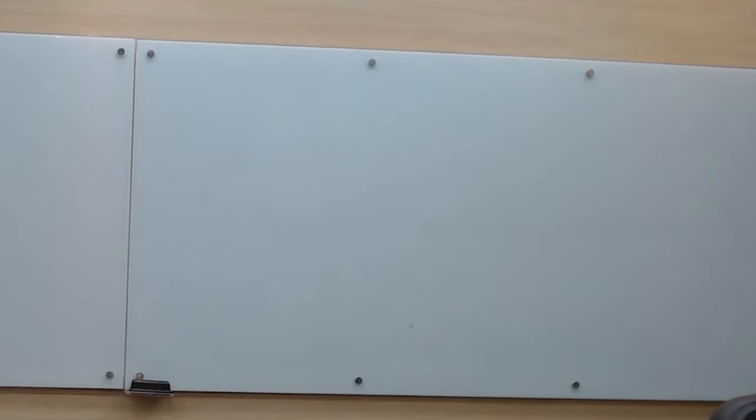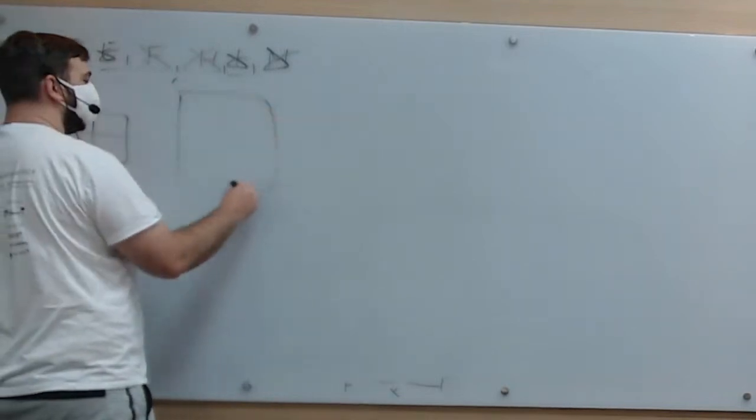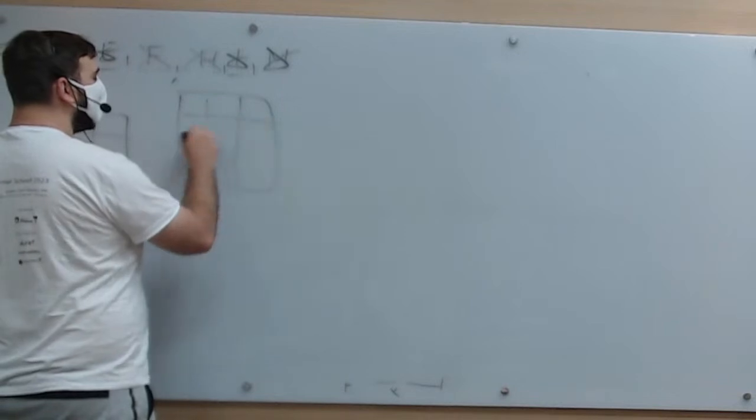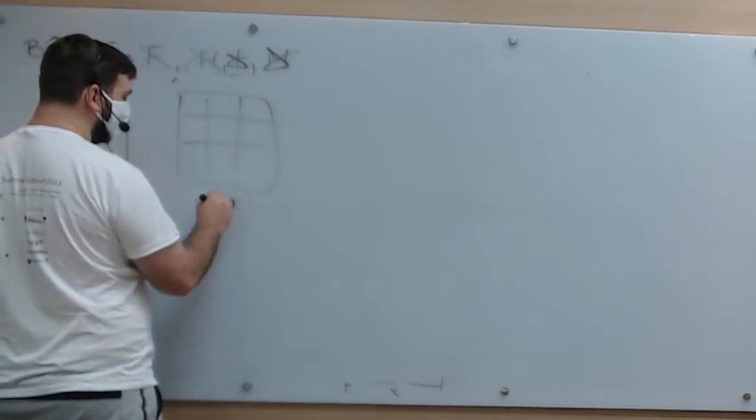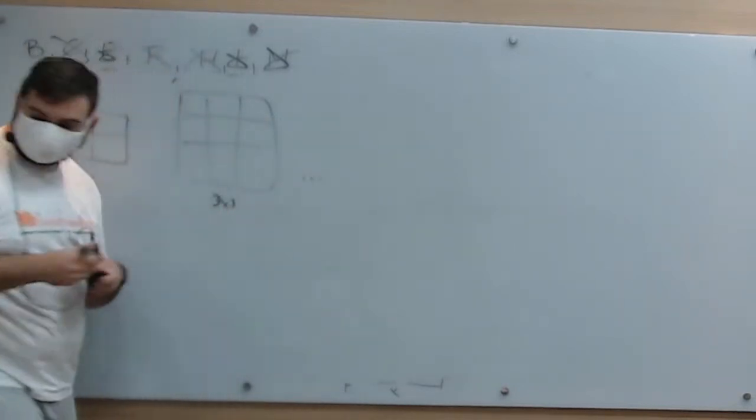We have about 15 minutes left, not bad. So in this problem, we are given some number of chocolates, and these chocolates were all rectangular. So for example, we have chocolate 2 by 3, we have chocolate 3 by 3, and more of them.